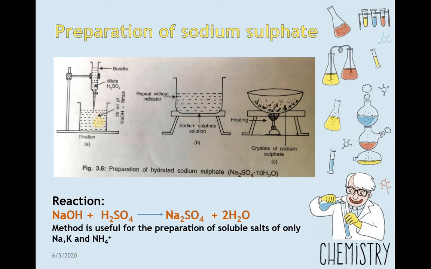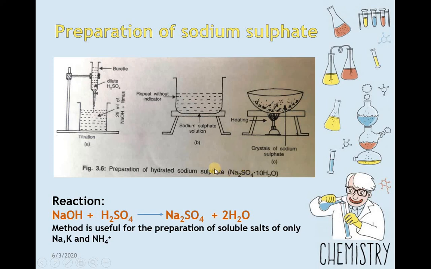Now if you evaporate this solution, we will get the crystals of Na2SO4.10H2O, decahydrate. This is the reaction. Once you evaporate it, 10 molecules of water get associated with 1 molecule of sodium sulfate.